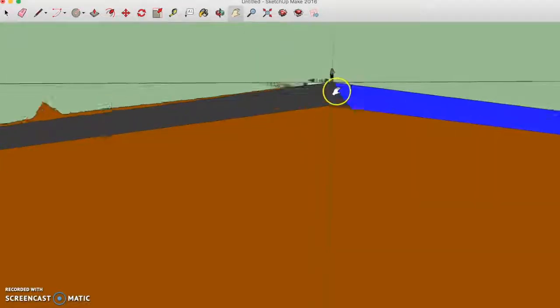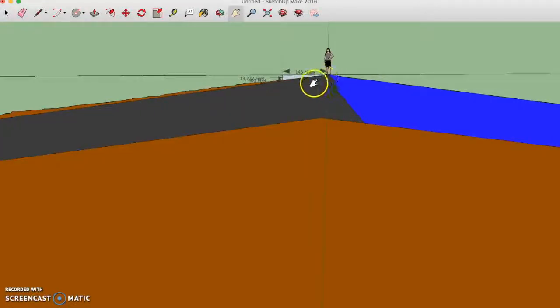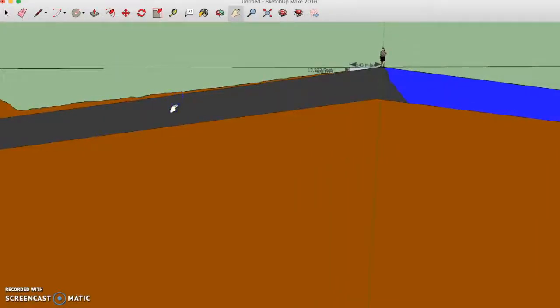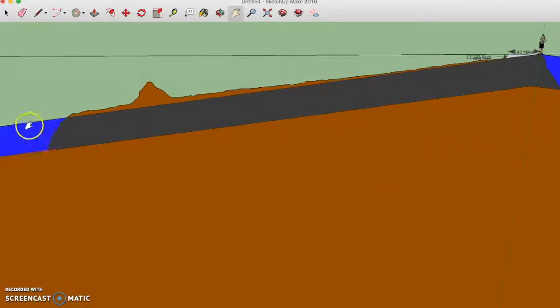So you've got your water, then the land that sticks out above the water, that'd be your distance above sea level. This is the datum line. So this is sea level all the way across here. Here's the Rocky Mountains. So this is your cross section of land.